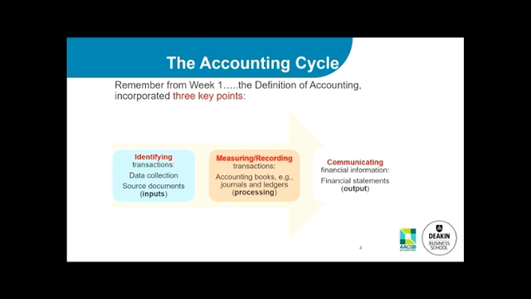The next one is the measuring and the recording, which is where they focus in the books. So that's what we'll be concentrating on tonight. Measuring and recording transactions. And then the third part is the output, the financial statements themselves.